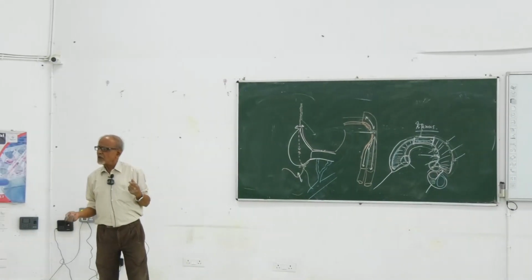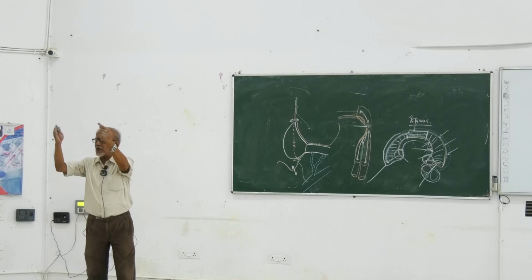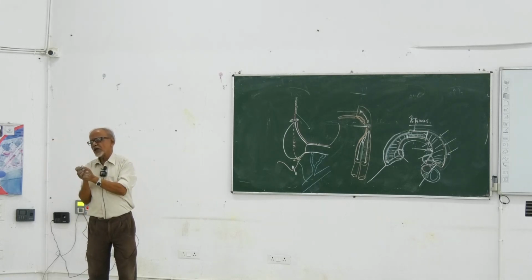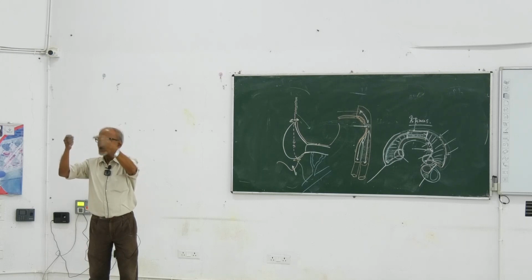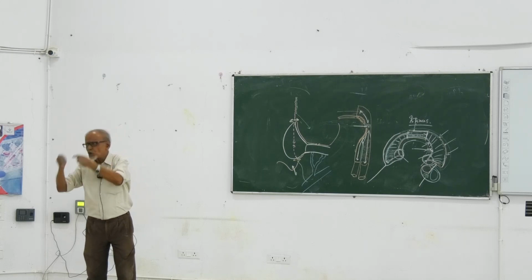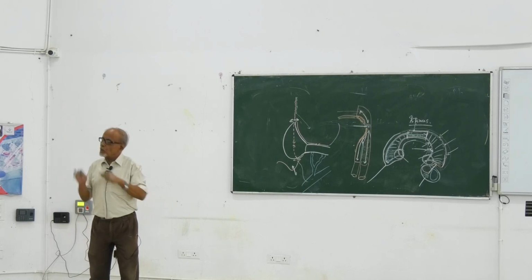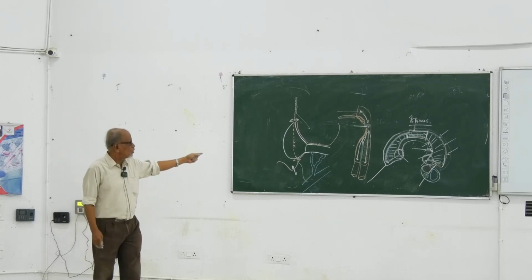Everywhere above and by the side of the gland, the two layers will fuse and be attached to the adjoining structures: behind to the carotid sheath, above to the thyroid lamina and the cricoid. But below the isthmus, not below the lobes, below the isthmus they remain separate to enclose the inferior thyroid veins.